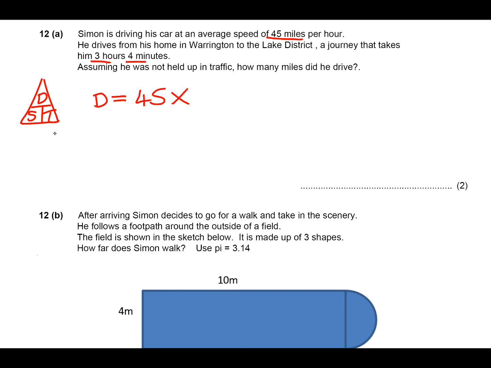Now the time needs to be in decimal format. The 3 hours is 3 hours, but we need to convert 4 minutes into a decimal. So to do that, we divide by 60.